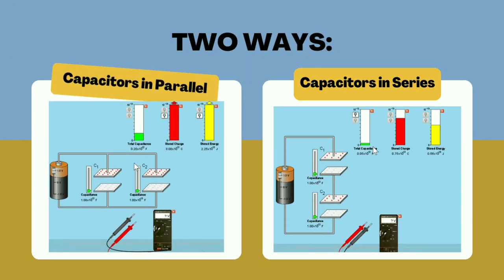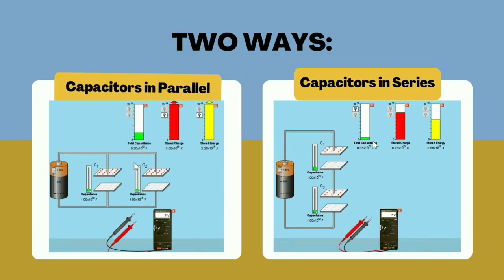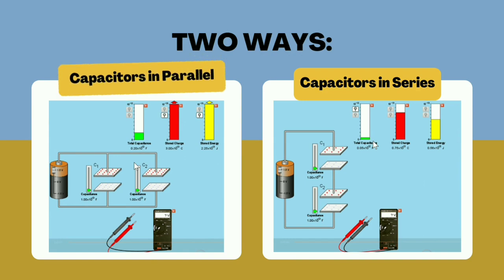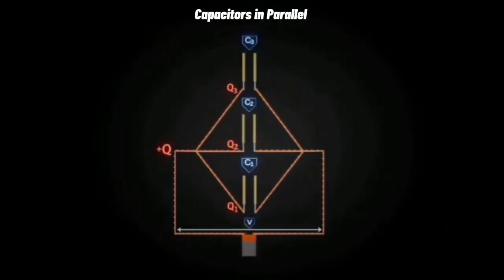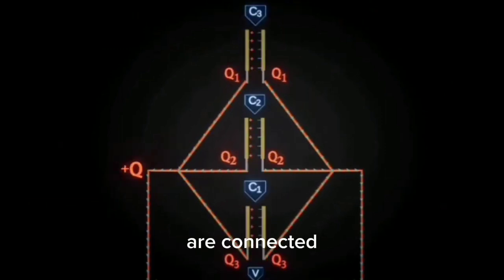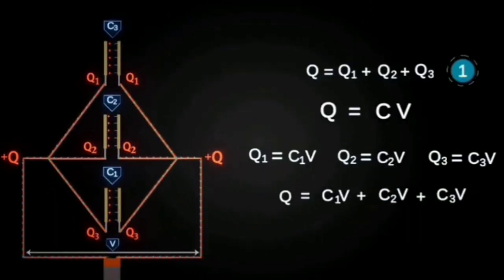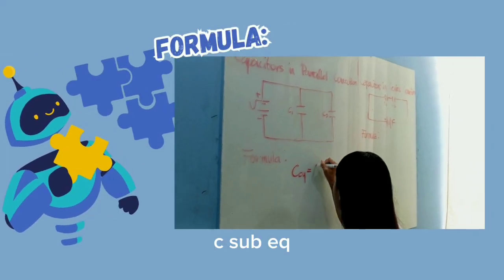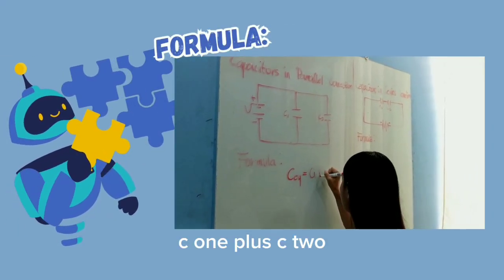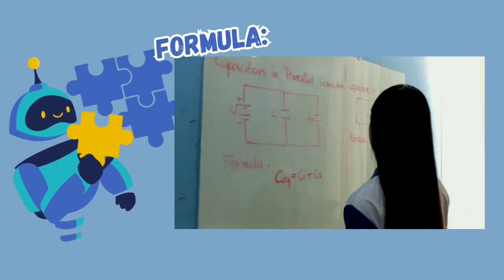Next, let's explore how capacitors are combined. Capacitors can be connected in series or parallel, and these two connections affect the total capacitance in different ways. First, capacitors in parallel. When capacitors are connected in parallel, their capacitances add up. The total capacitance is C sub eq equals C1 plus C2 plus C3 and so on.